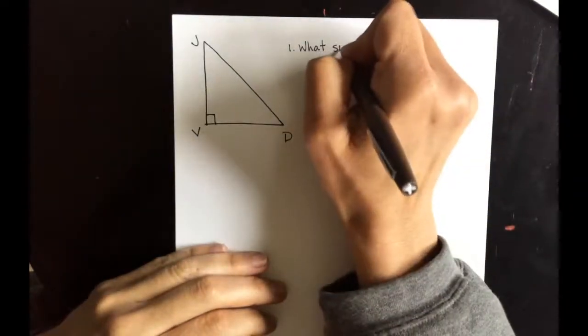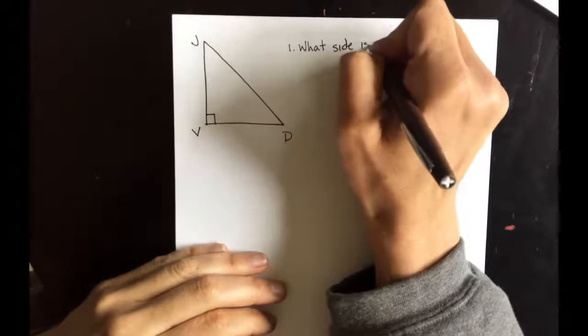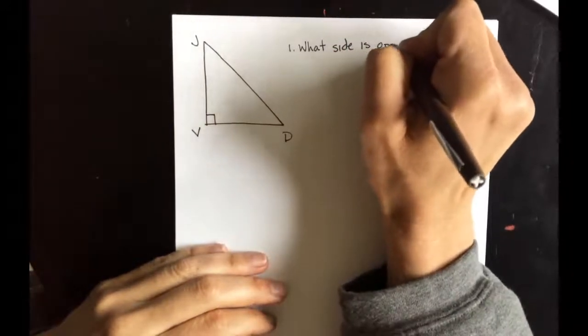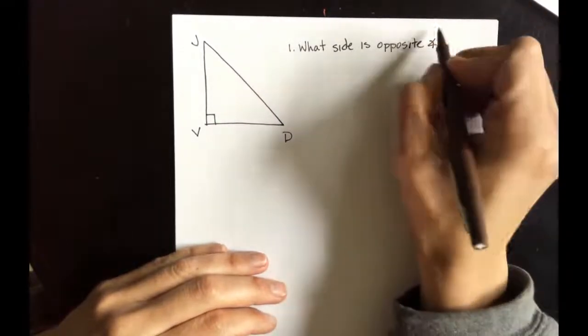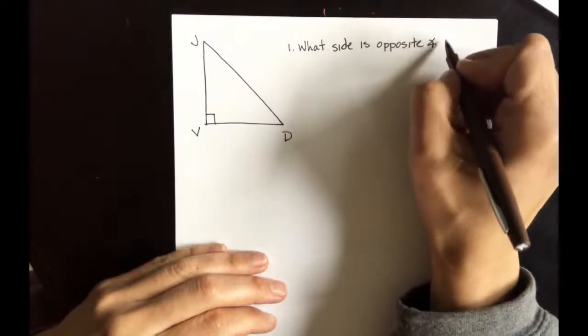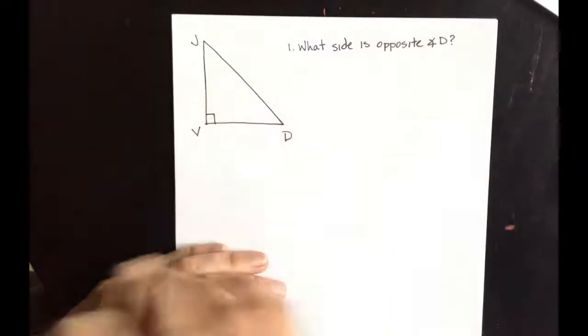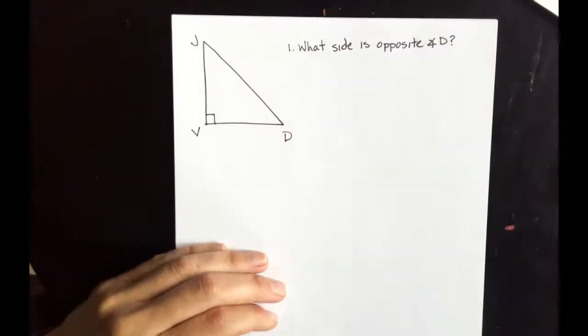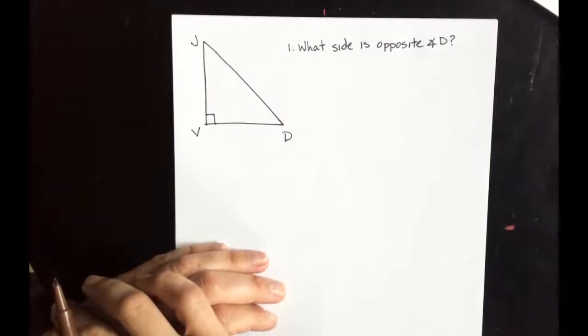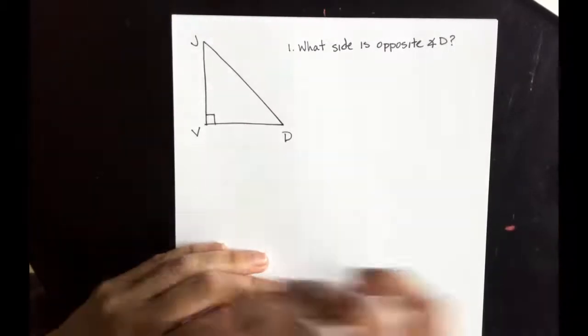What side is opposite angle D? That's number 1. So if you know the answer to that, you can type number 1 and then give me what side. Remember, there's segments, so I need 2 letters.